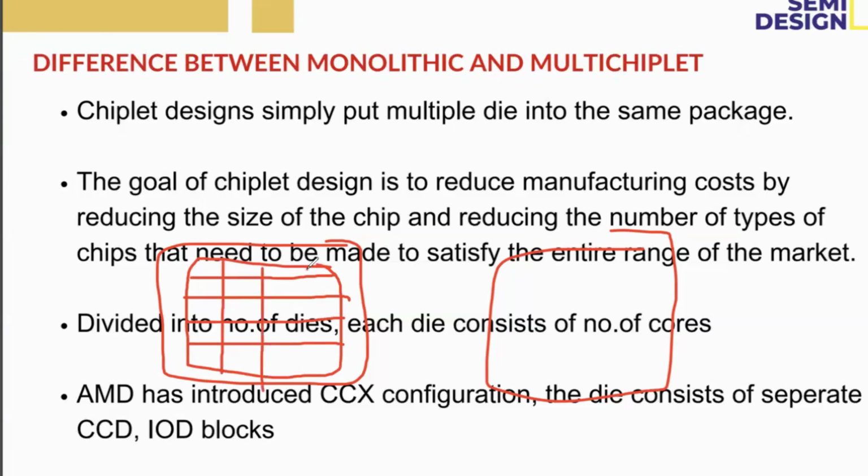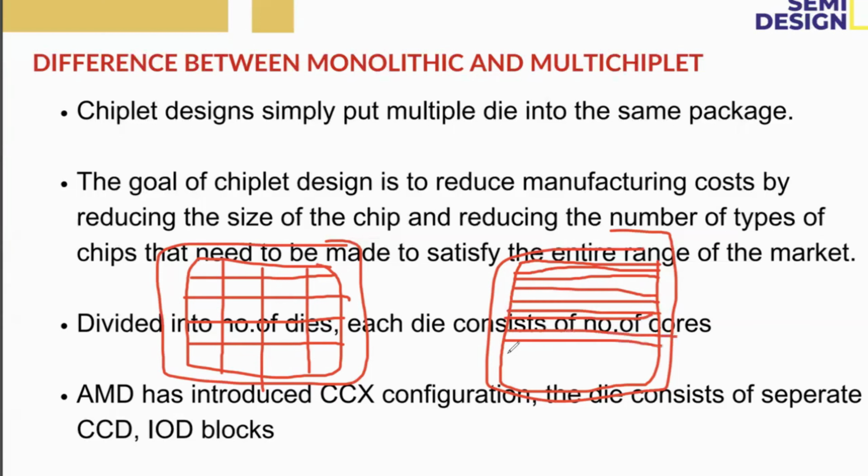Okay, these are the number of blocks, and in multi-chiplet there will be so many dice, 2-3 dice. In each die there will be so many blocks, separately. Whatever this entire structure is, in each die it will have the same structure. So there will be n more number of blocks.